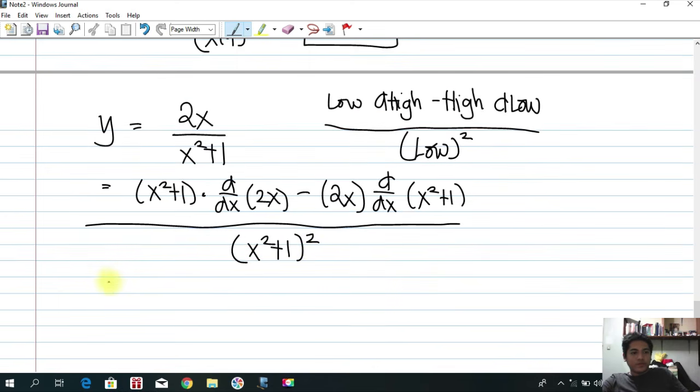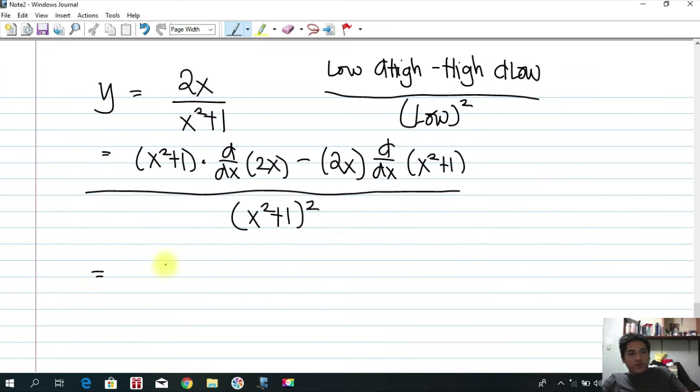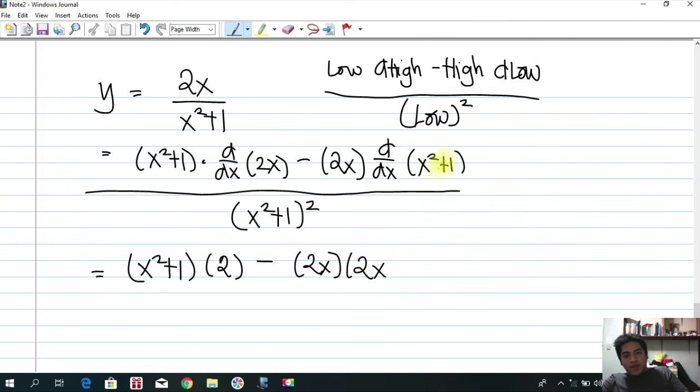So we have here x squared plus 1 times the derivative of 2x, which is simply 2, minus 2x times the derivative of this, which we need to evaluate first. The derivative of x squared is 2x, plus the derivative of the constant, which is 0.